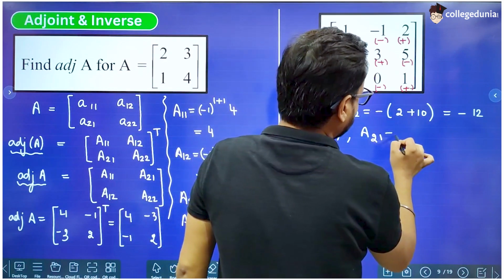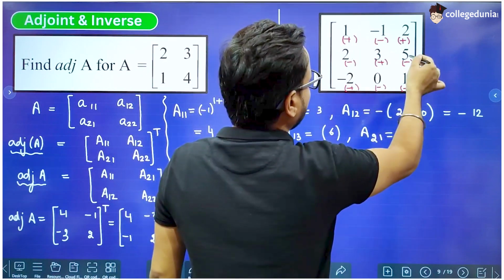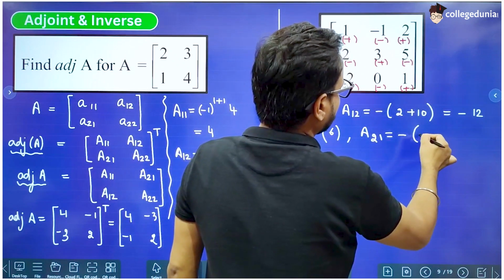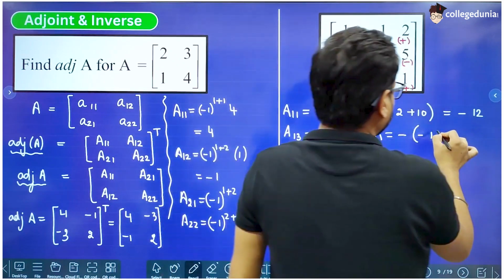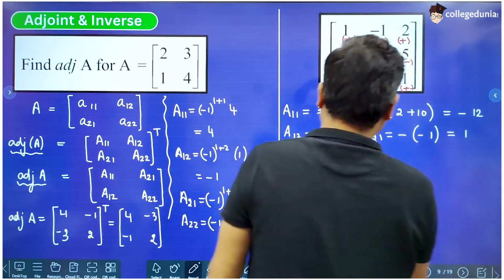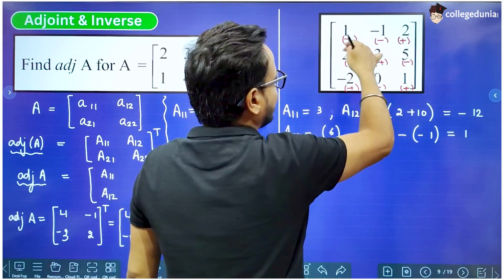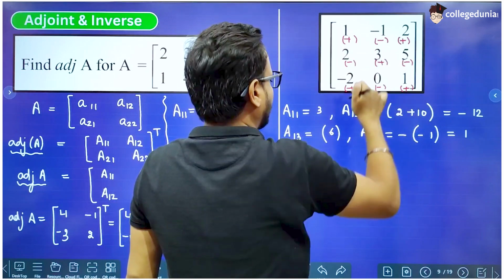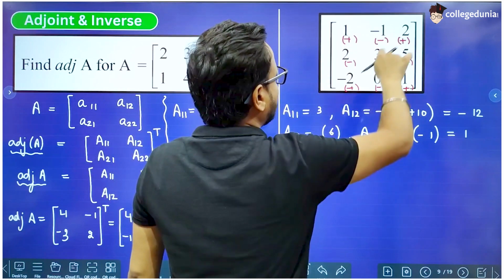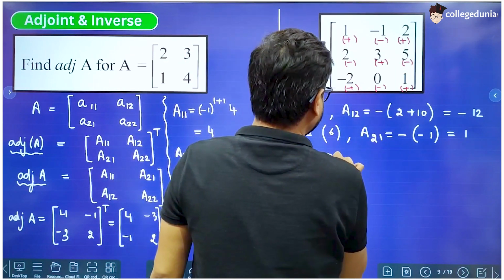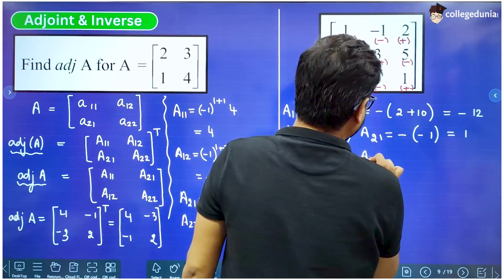A21, negative, leave this and this, minus 1, 0, so it is 1. A22, I wrote positive, left this and this, 1 minus 4, that is 5.